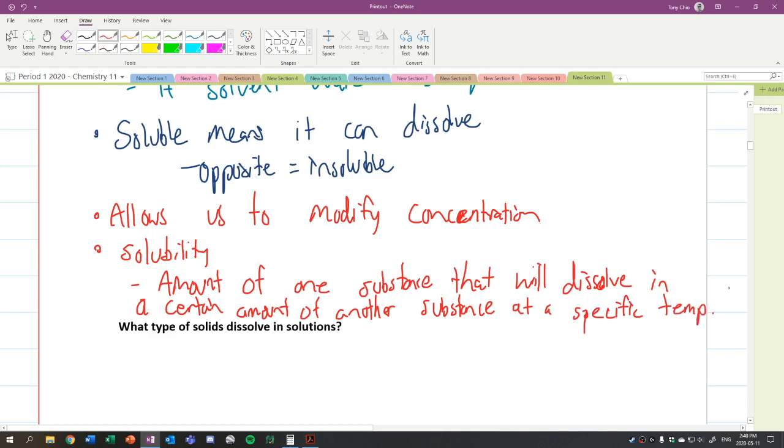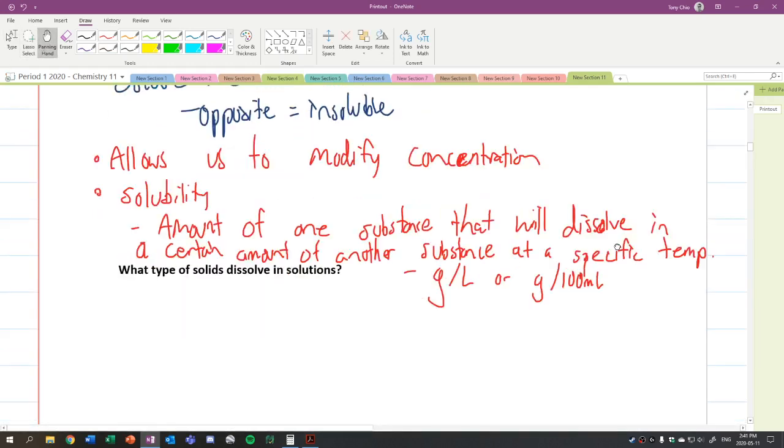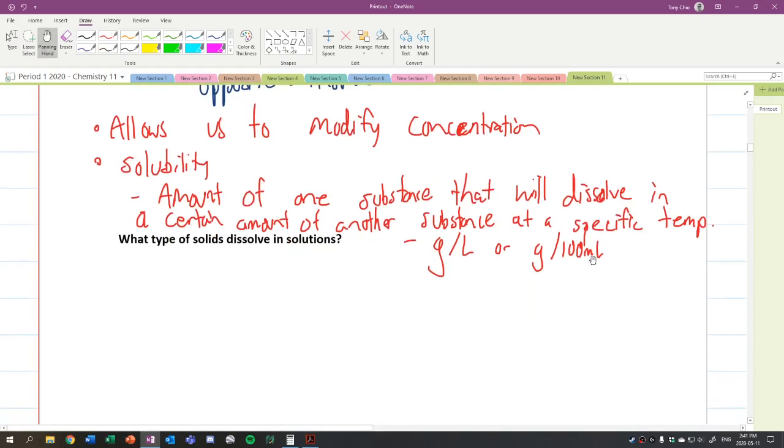Okay, and this is measured in grams per liter or grams per 100 milliliters. And because it depends on temperature, it's based on KMT, because as a particle heats up, it will move faster and thus it will dissolve faster.